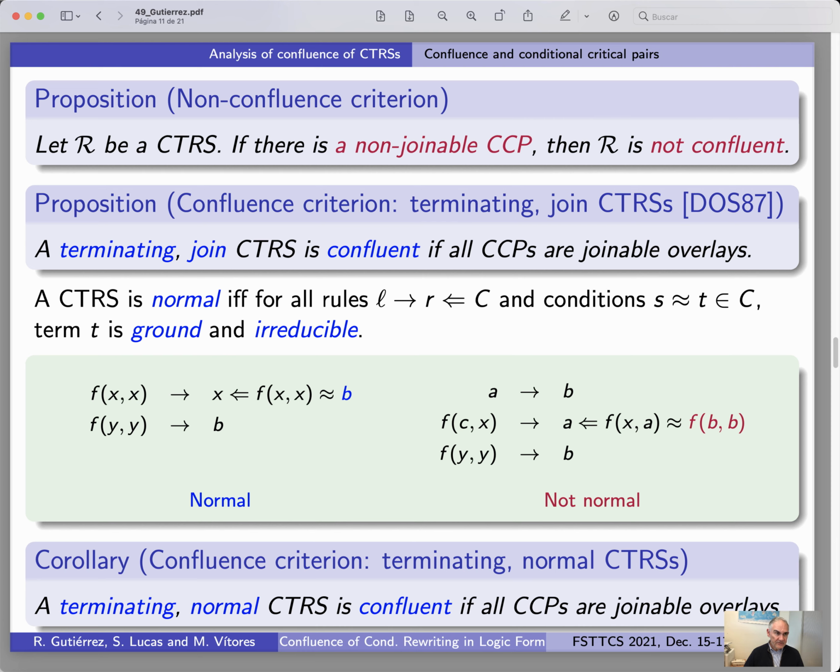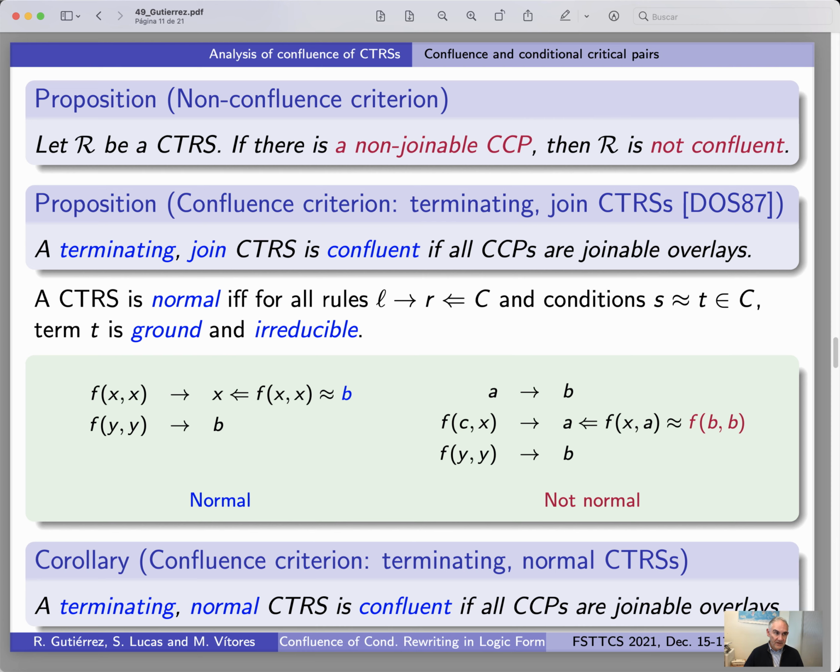The next criterion shows that terminating joint CTRSs whose conditional critical pairs are joinable overlays are confluent. Overlays are critical pairs whose conditional critical position is the root position of the first considered rule. As a simple consequence of this result, terminating normal CTRSs are confluent if and only if all conditional critical pairs are joinable overlays.